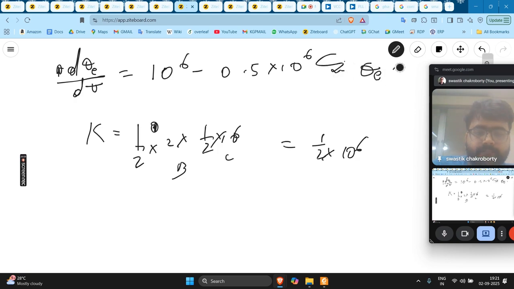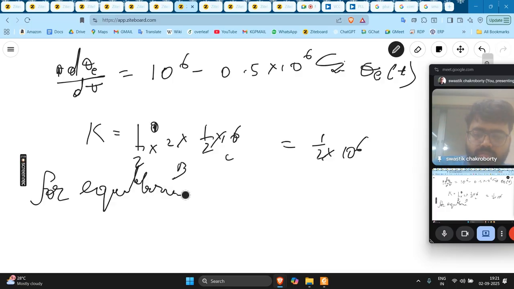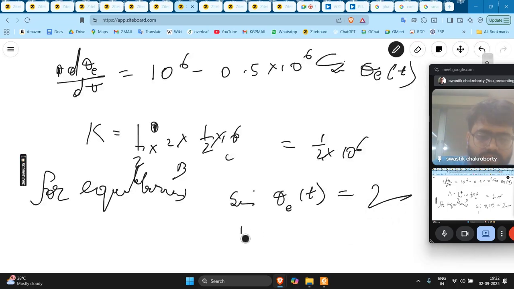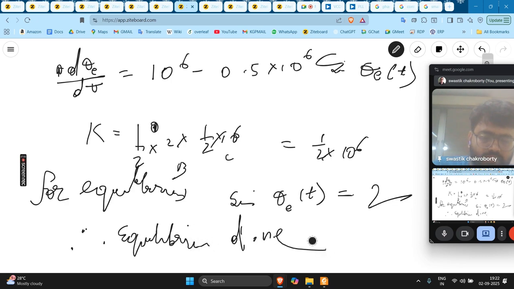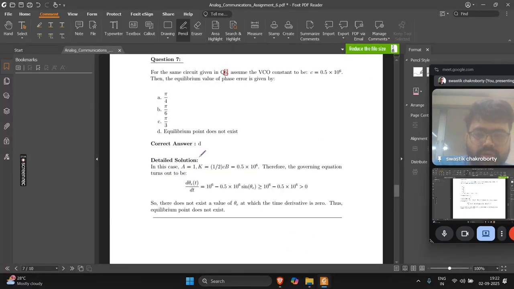Now for equilibrium, sine theta e is equal to 2, which is not possible. Therefore equilibrium does not exist. The equilibrium simply does not exist.